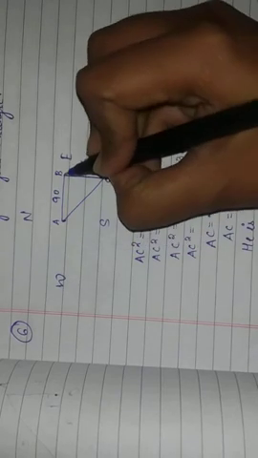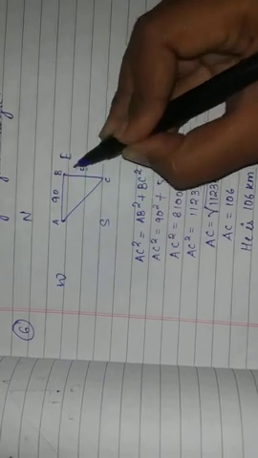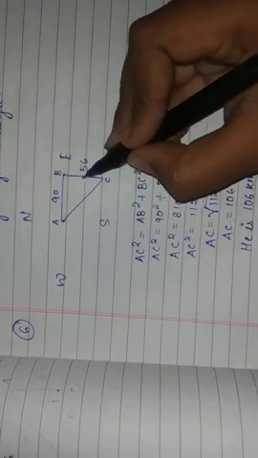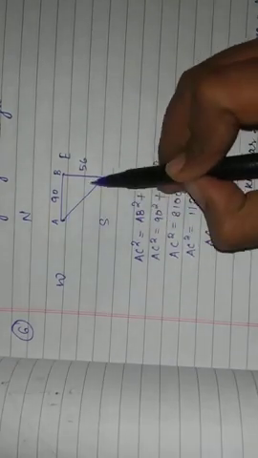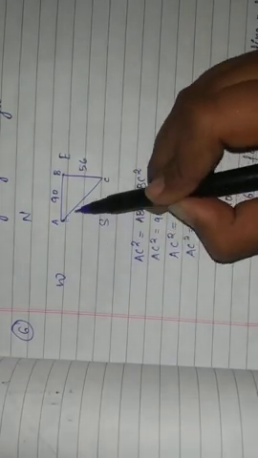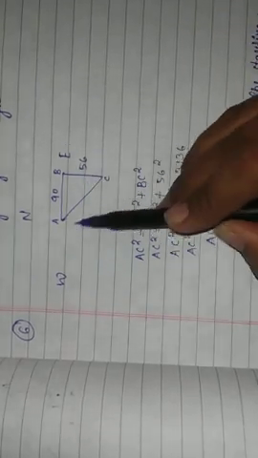And then after reaching here, he travels 56 kilometers due south. South is downward, so 56 kilometers due south. Means he started from here and reached here. So how far is he from his starting point? You have to find the value of this.